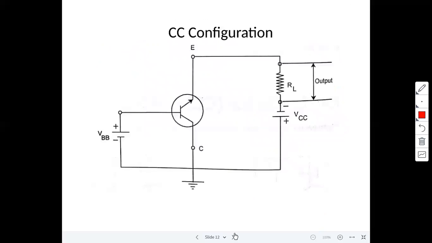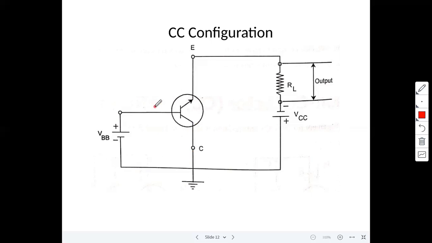Next, coming to another configuration. Another configuration is common collector configuration. Here in common collector configuration, the collector terminal is common to both input and output terminals. As shown here, this collector terminal is common to both.